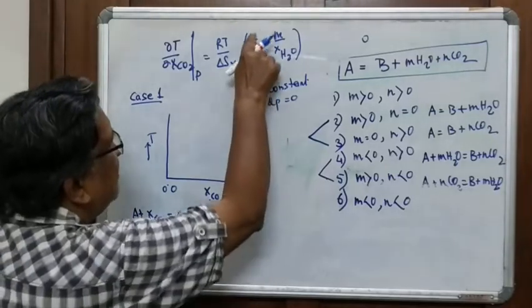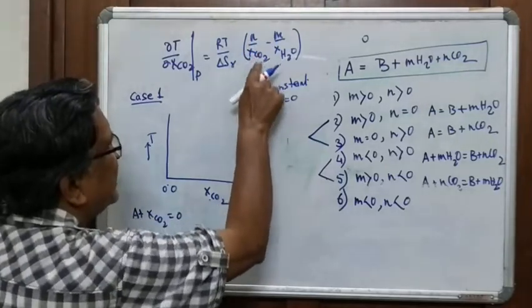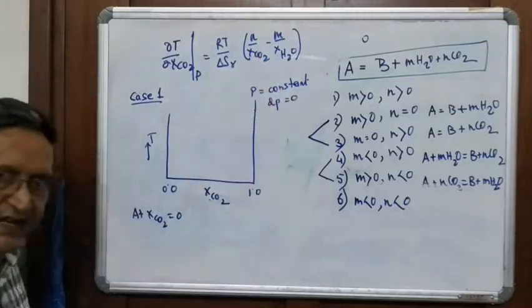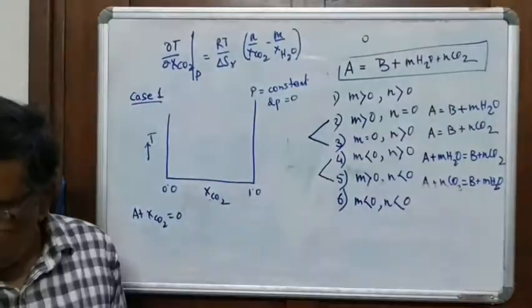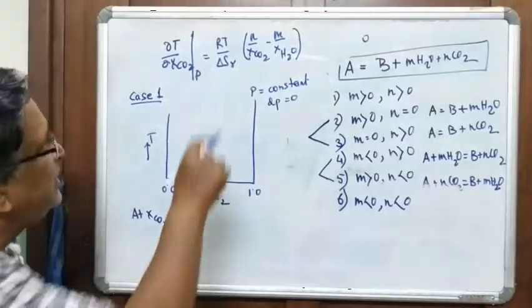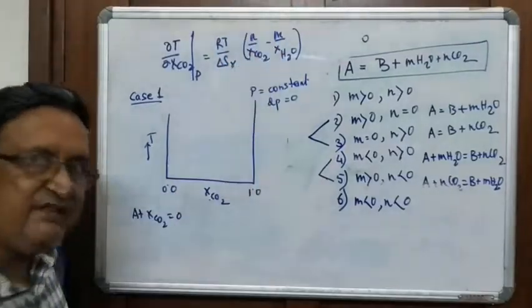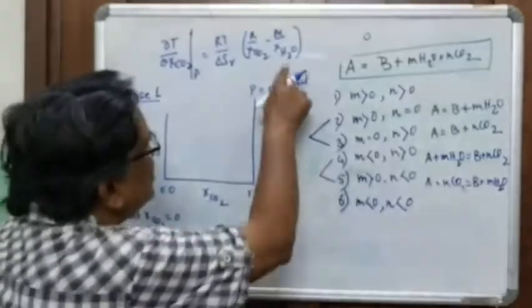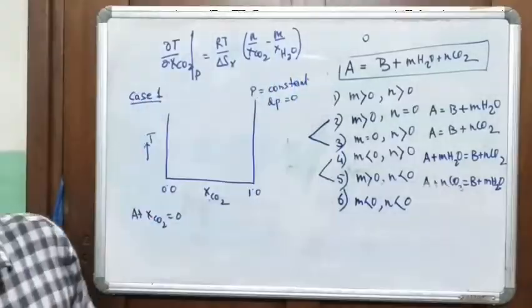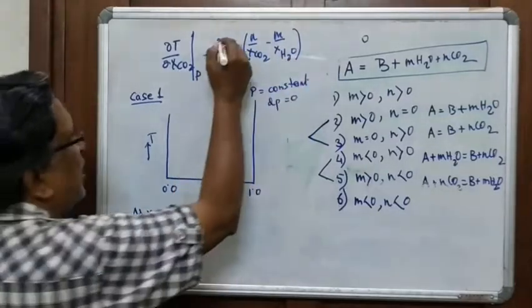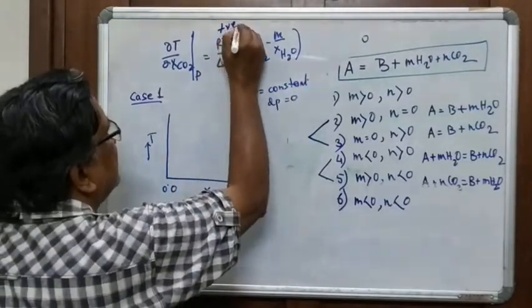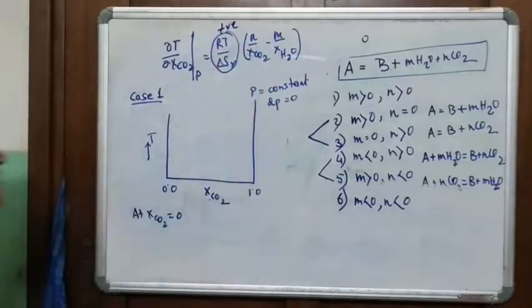XCO2 equal to 0 means this term, N by XCO2, is infinity. At XCO2 very close to 0, this term is infinity, and this term, M by XH2, is of course very small. So the whole term is positive, and this term is always positive.